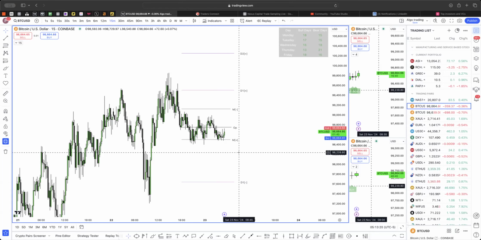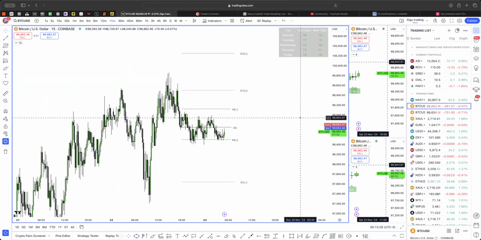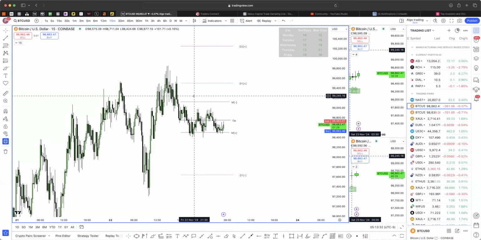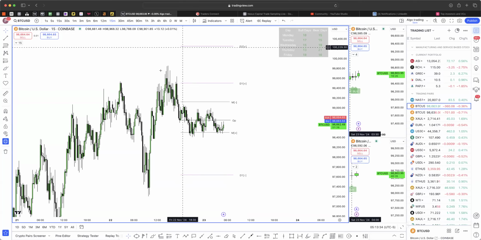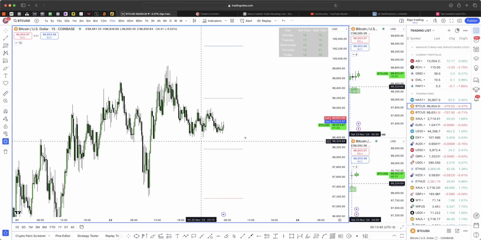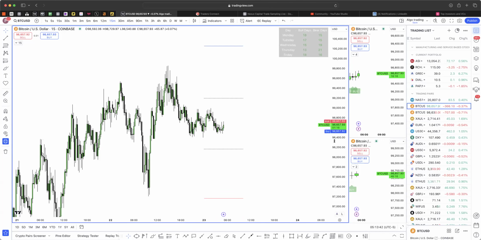Because this comes with a lot of other algorithms that will definitely help you make the most optimal decision that you can make. So, for instance, you have the statistical distribution and manipulation levels based on the 6 o'clock opening price, and you also have the statistical distribution and manipulation levels based on the midnight opening price.